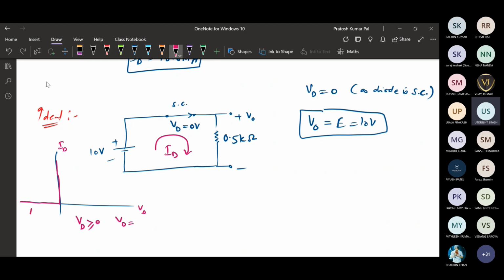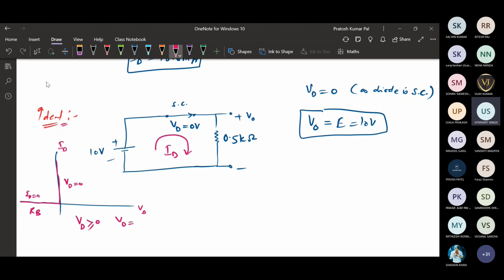So in the reverse bias case, the current equals 0, but in the forward bias case, the voltage equals 0 for whatever current flows in the circuit. The current will be some finite value, but the voltage drop will be 0 if it is forward bias in the case of an ideal diode.